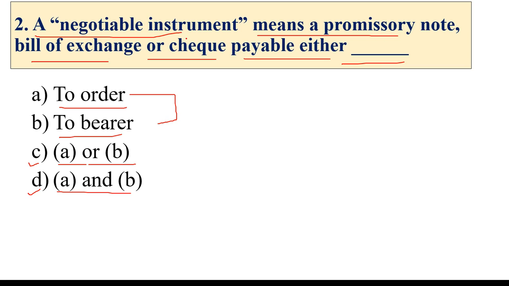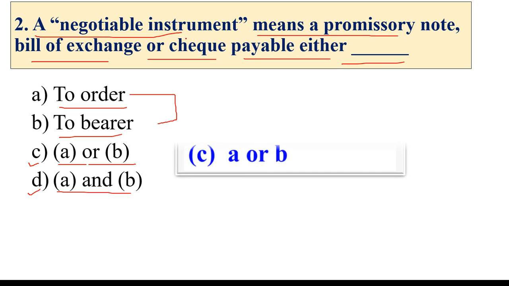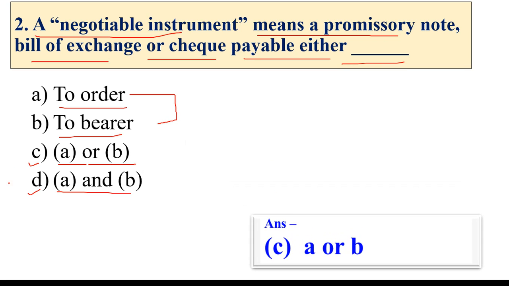So let's see the correct answer. The correct answer is option C, both A and B. But what is there in between in option C? Or. In option D it is and. Option A is only to order, meaning single, to order, and B means payable to bearer. But what is the correct definition?